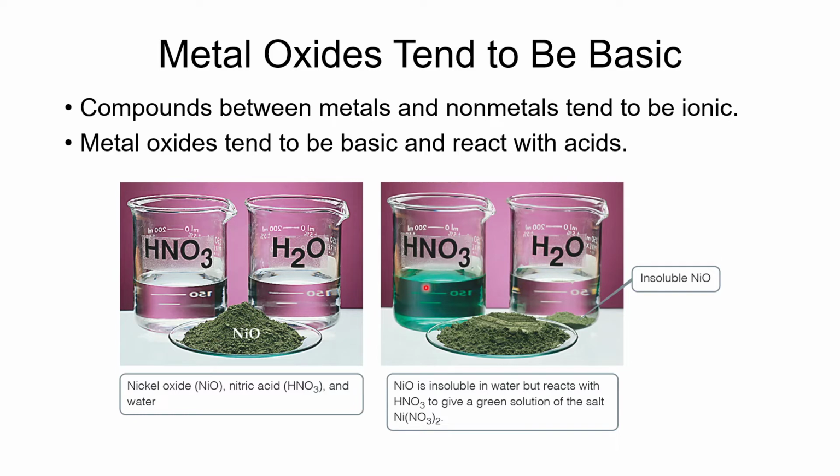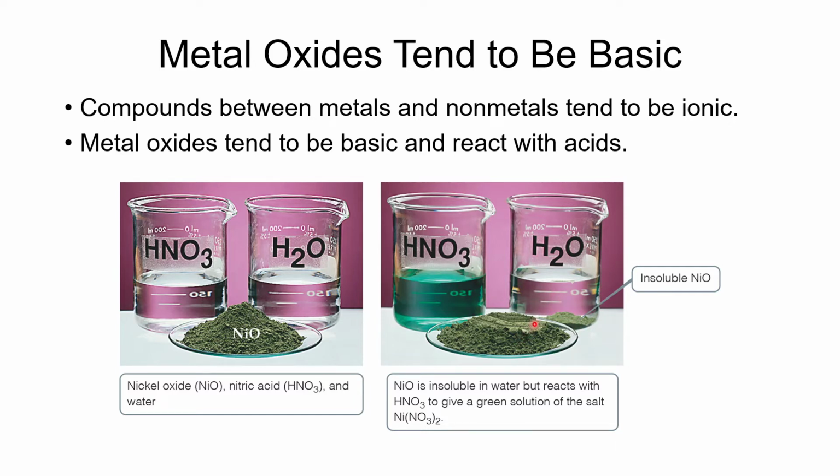So it will dissolve. The acid will react with the oxide to give you water. If, on the other hand, you take that nickel 2 oxide and put it into water, it doesn't dissolve. Hardly anything happens. It will make it a little bit more basic, but it is not going to dissolve very easily.